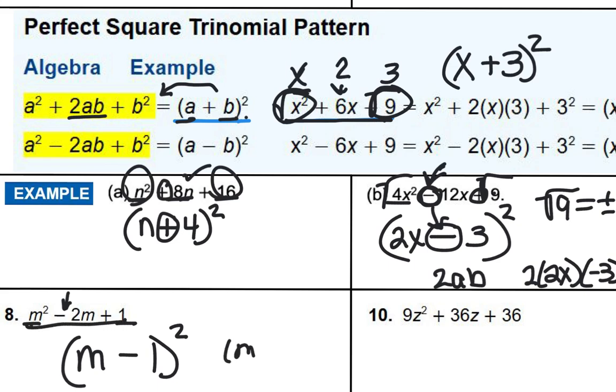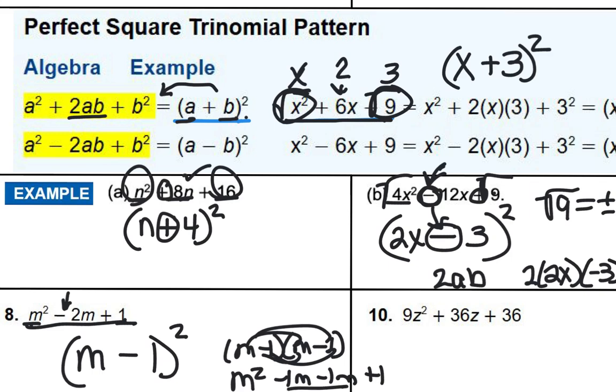So if I say m minus 1 times m minus 1, and I distribute, I get m squared minus 1m minus 1m, and then plus 1. So it's m squared minus 2m plus 1, which is there. Okay, so you can always check it out and verify. Check your answer.